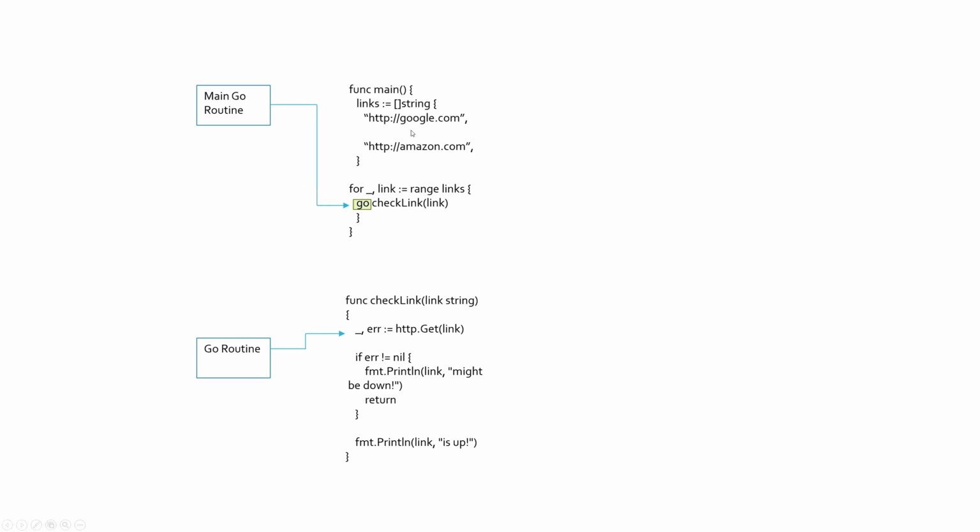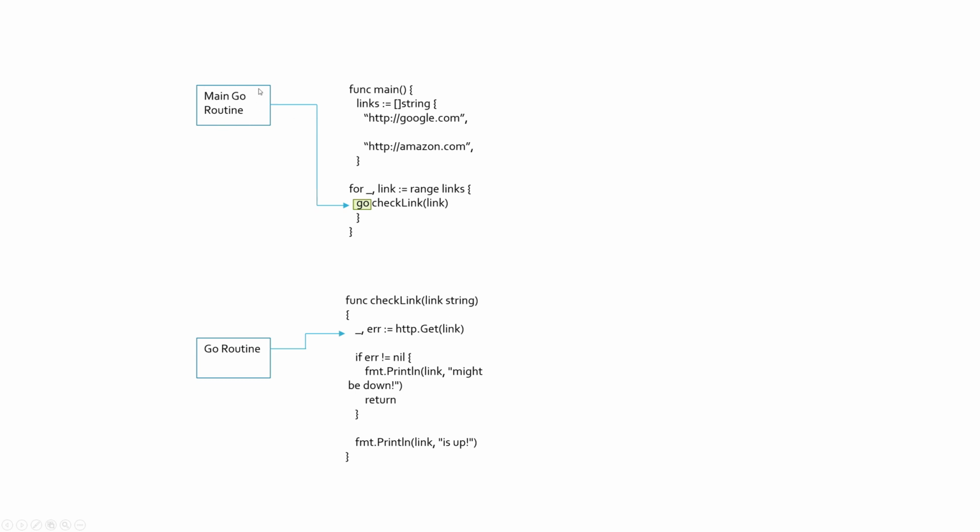So in our main Go routine, when it gets to this line here, since it sees the go keyword, it creates another Go routine to run this function call, checklink. And in this second Go routine here, we see that it hits a blocking call here. So it notifies the scheduler that it's waiting for this blocking call to finish, so if there are any other routines that can execute, they may continue executing.